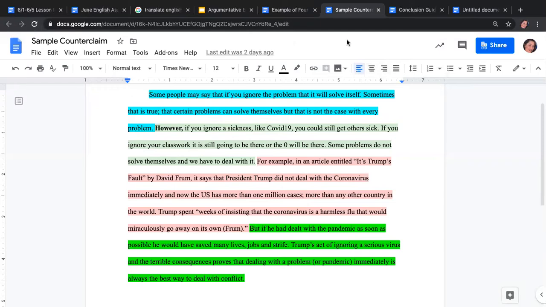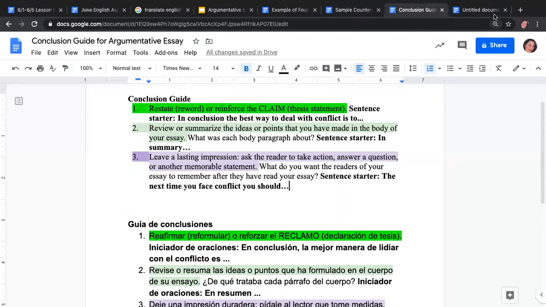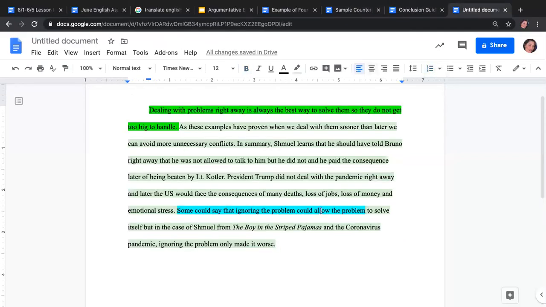Those are my main ideas, the beginning and the end. And so I took both of those and turned them into one sentence or two sentences, and I put them into my conclusion. So that's all of this right here.